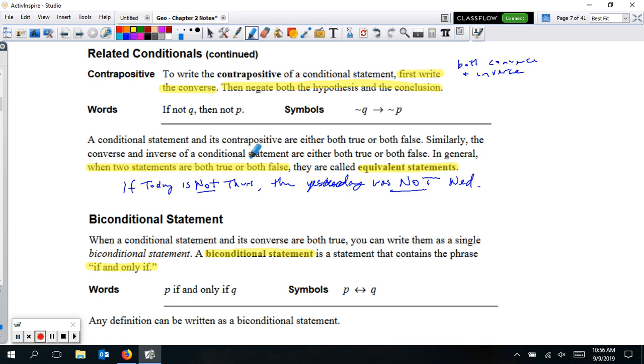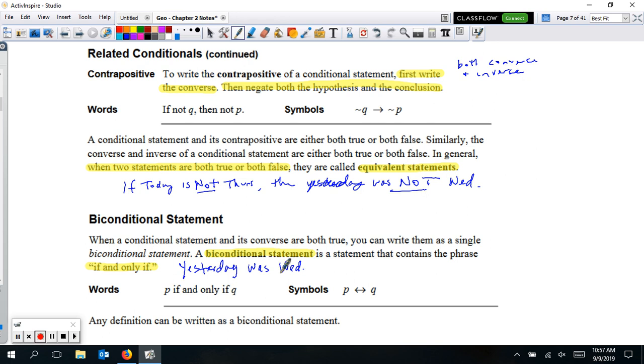Now we can change an if-then form to a biconditional form. So here's how we would do that. Let's go back and think of our original statement. Remember the original statement was if yesterday was Wednesday, then today is Thursday. Let's make that now a biconditional statement. I would write it like this. I wouldn't start it with if. A biconditional statement does not start with if. It starts with the word yesterday. Oops, I can't even spell yesterday. Yesterday was Wednesday.